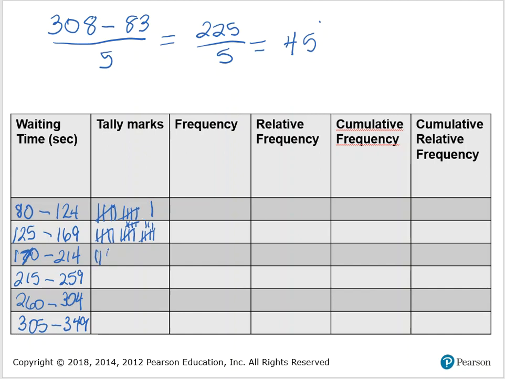The next one ended up with 11. The next ones ended up with 3, 1, and 1. Now I'm going to put these together so I have an actual number versus just tally marks. That's 11, 23, 11, 3, 1, and 1.